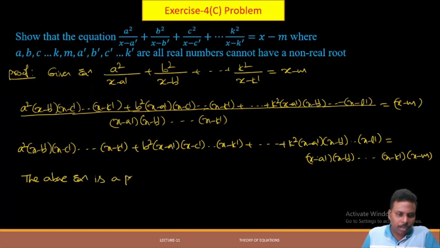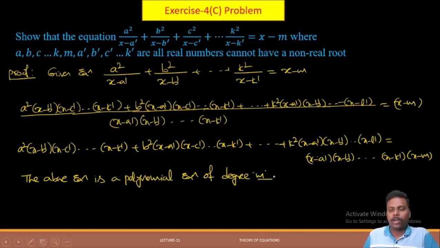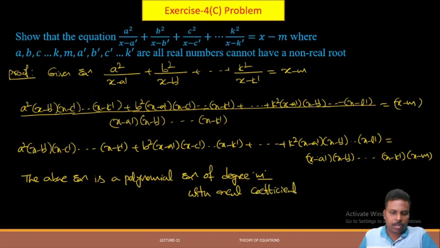Okay, so the above equation is a polynomial equation of degree m, and with real coefficients, because it is given that a, b, c and so on up to k, m, a dash, b dash, c dash and so on up to k dash are all real numbers.